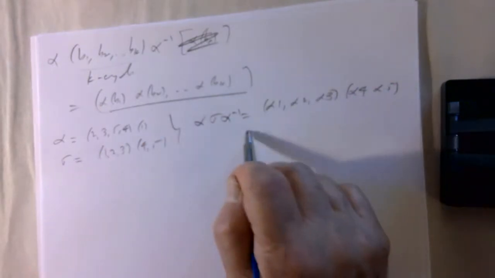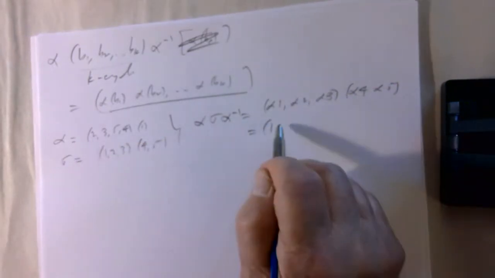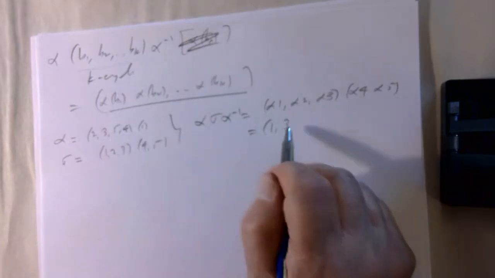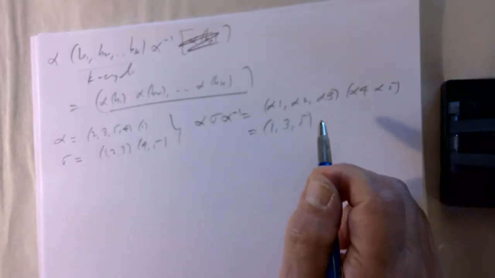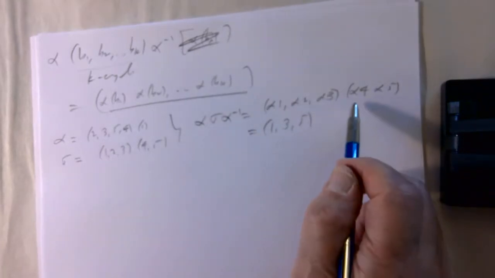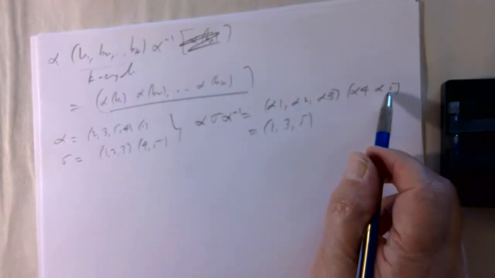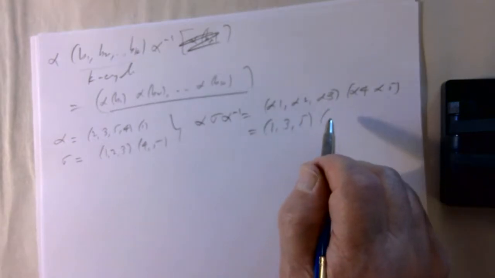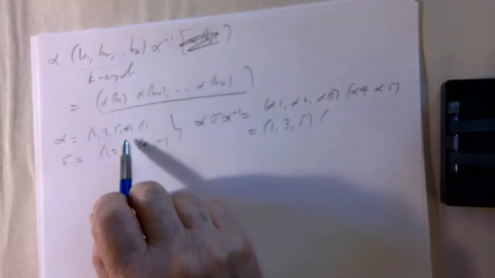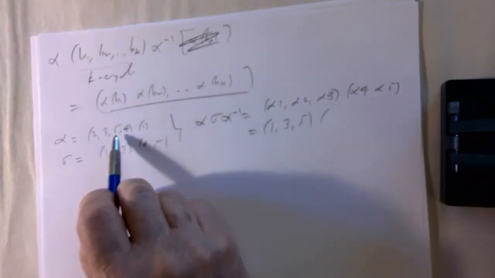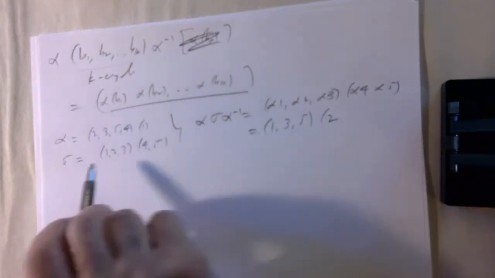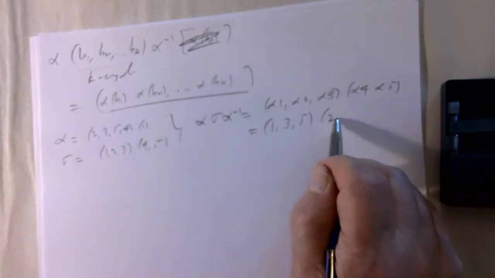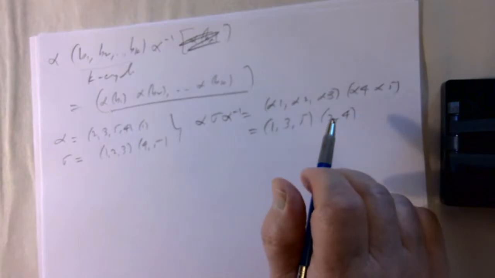So alpha of 1 is 1, alpha of 2 is 3, alpha of 3 is 5, and alpha of 4 is 5, and alpha of 5 is 4. Oops. Sorry, alpha of 4 is 2, and alpha of 5 is 4.